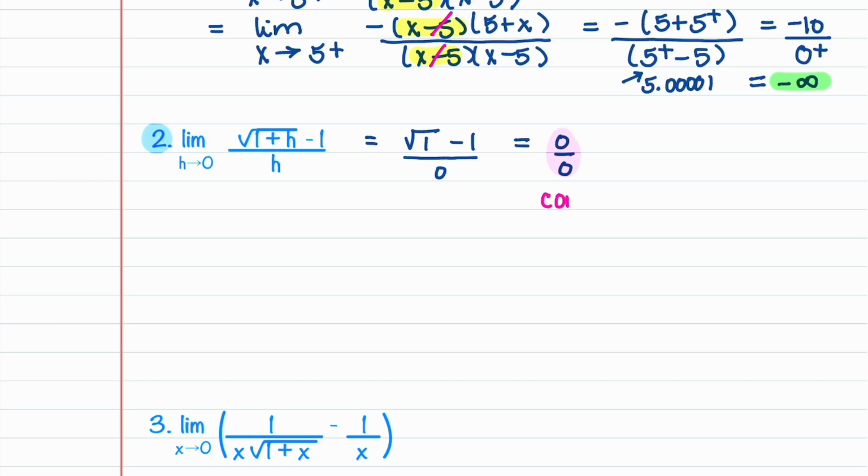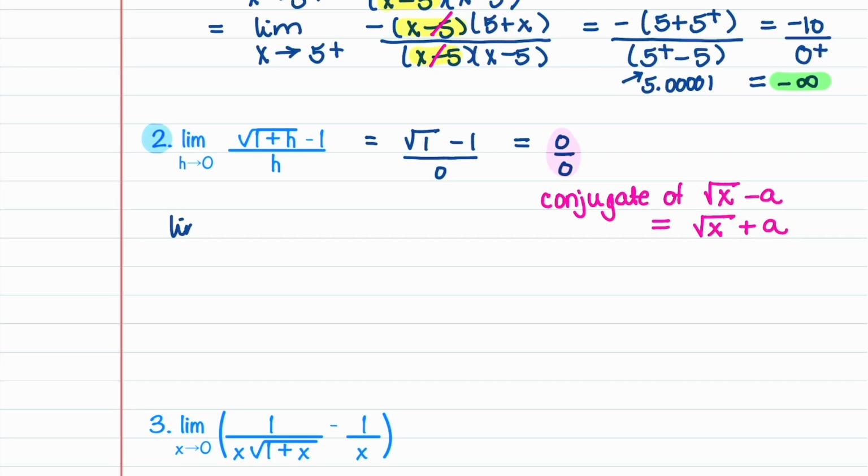The conjugate of the square root of x minus a is equal to the square root of x plus a. When we multiply by a conjugate, often terms will cancel out. So that's why we're going to do this.